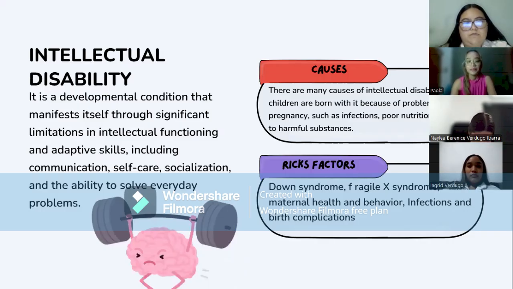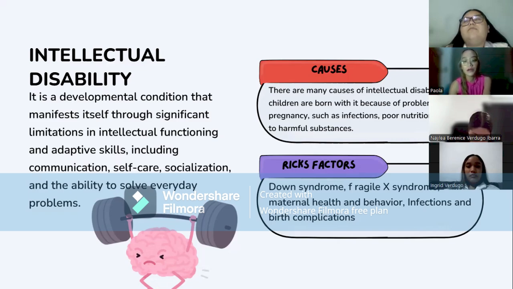Intellectual disability. It is a developmental condition that manifests itself through significant limitation in intellectual functioning and adaptive skills, including communication, self-care, socialization, and the ability to solve everyday problems.